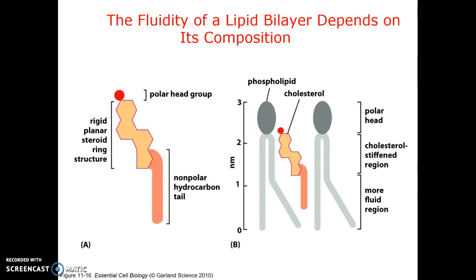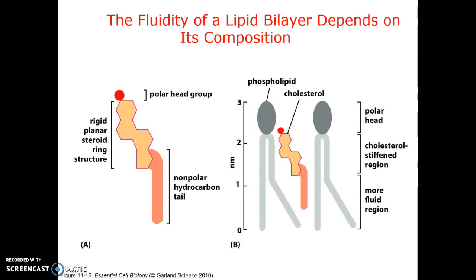And so in order to have a consistent fluidity, one of the strategies that cells use is to use steroids, cholesterol, to rivet together the lipid portions of the bilayer, and that way they get a more consistent fluidity.